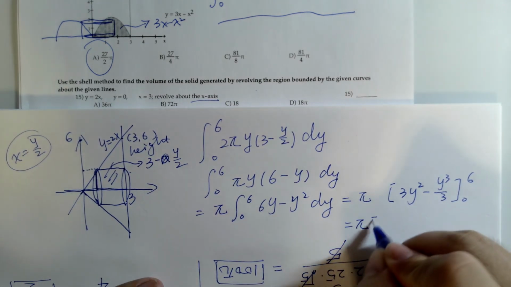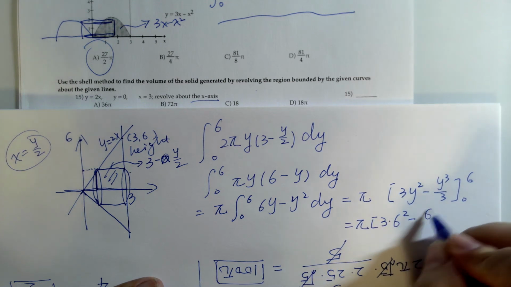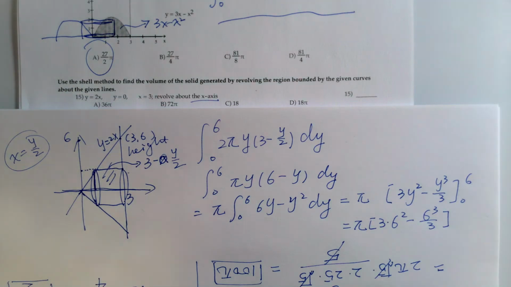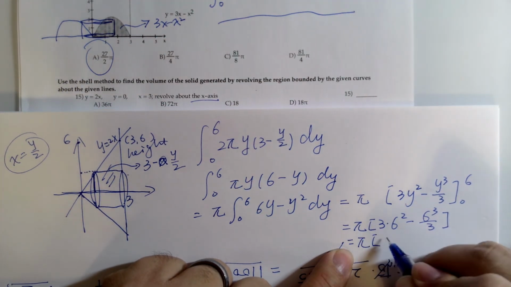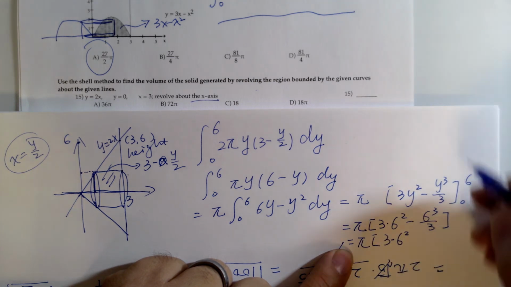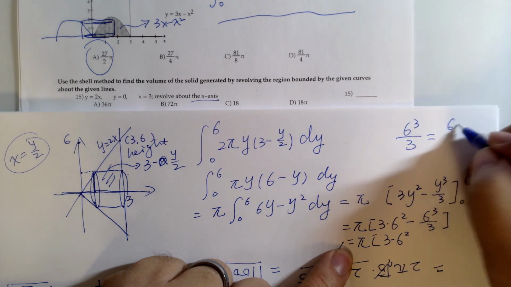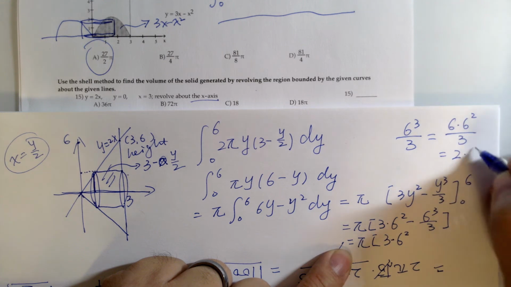So it's pi times 3 times 6 squared minus 6 cubed over 3. And it turns out, believe it or not, this is 3 times 6 squared, and this is 6 cubed over 3. So let me put it here. 6 cubed over 3 can be written as 6 times 6 squared over 3, which is 2 times 6 squared.